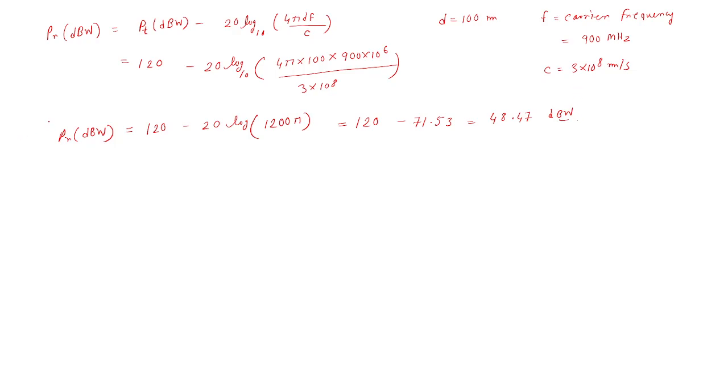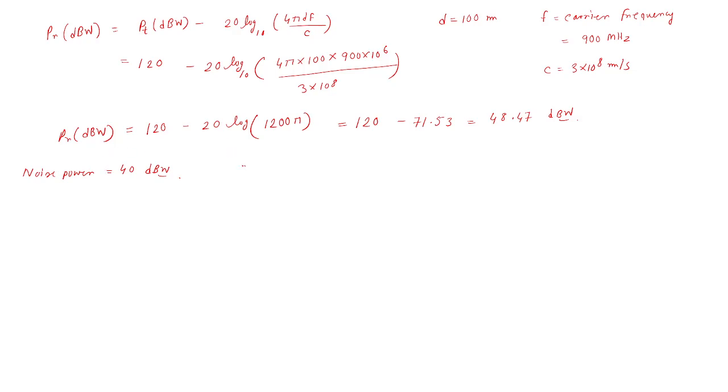So we obtain our received power PR as 48.47 dB watt. Now if we remember, we are given our noise power as 40 dB watt.